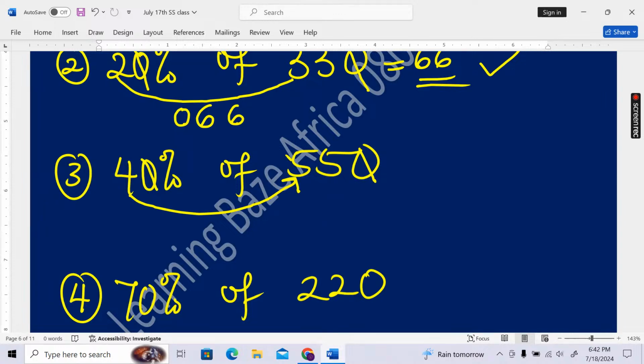Because 5 and 5 are the same. So just multiply 4 by 5, that's 20. Write 2, write 0 with a space at the middle. Then add the two digits together. 2 plus 0, that is 2. Write it at the middle. The answer is 220. So 40% of 550 is 220. That is the answer.